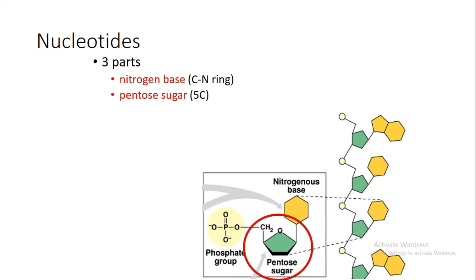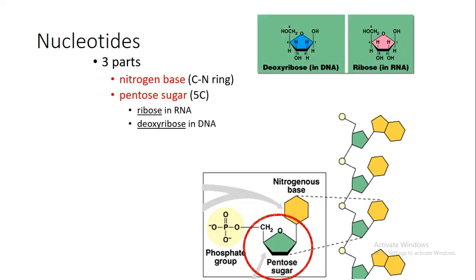The other part which is very important in the nucleotide is the phosphate group. This is a compound which has one phosphate group and 4 oxygens.